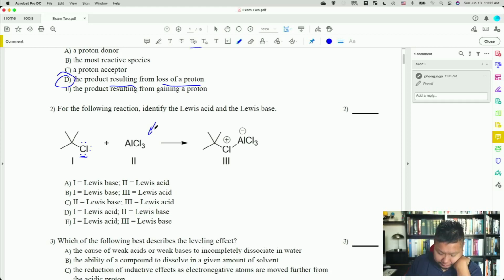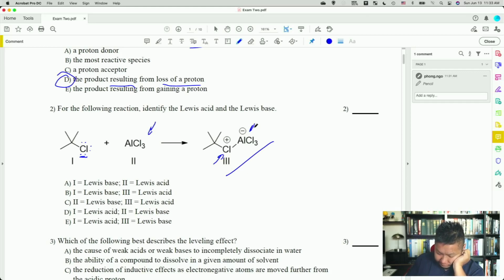But aluminum is a metal, and metals like electrons, number 1. And then number 2, if you look over here, the product is a partially positive chlorine, which means it lost an electron through sharing. And then the product has a partially negative aluminum, which means it gained an electron through sharing. Okay.